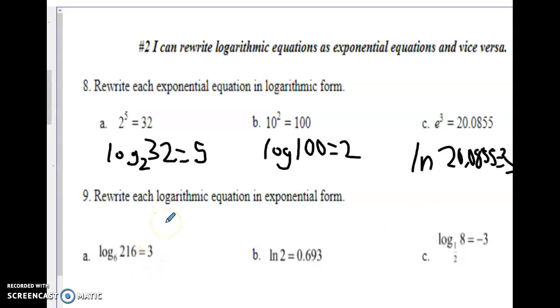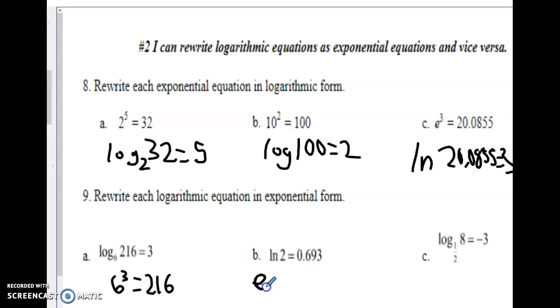Okay, the next one we're just doing the opposite thing. We're going to write it backwards. So we start with the base again. 6 is the base. Remember the power was the one that was all alone. So 6 to the third equals 216. This one, we start with the base again. So this is natural log, so it's base e.